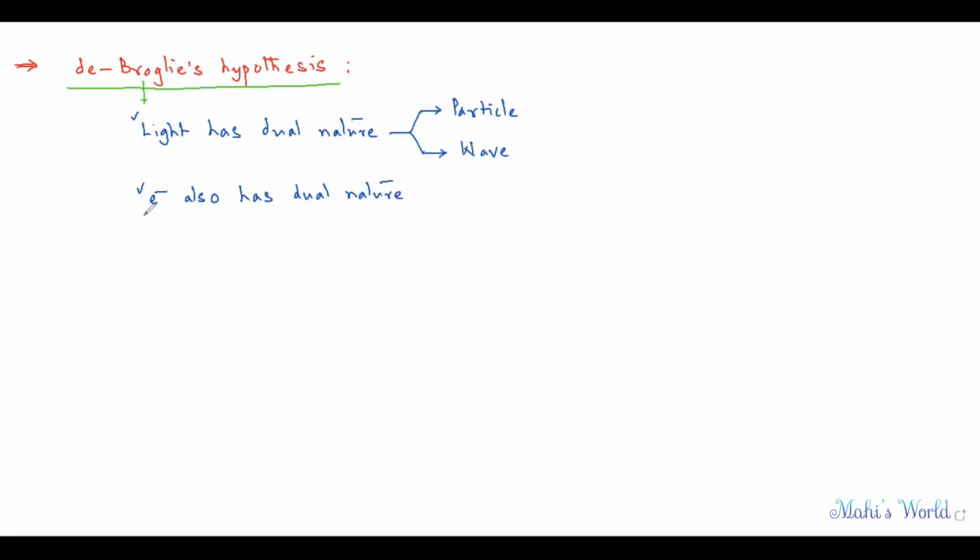Electron is a particle. We know that. It is a particle, and while revolving around the nucleus, it behaves as a wave.